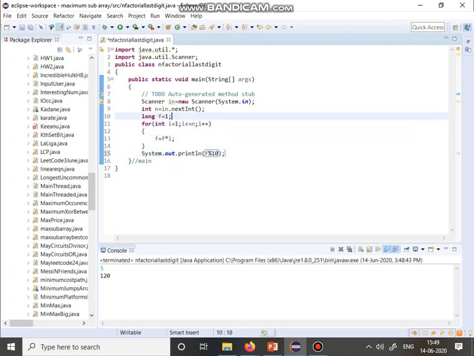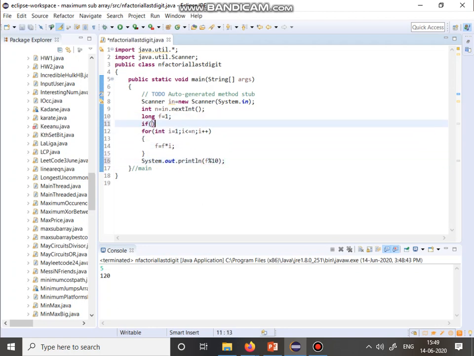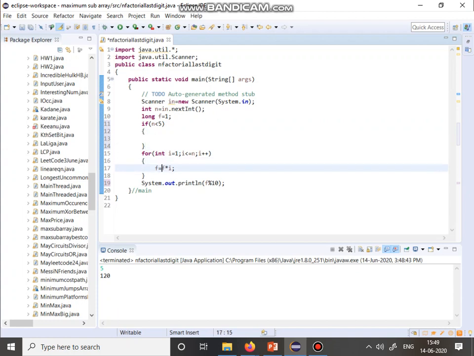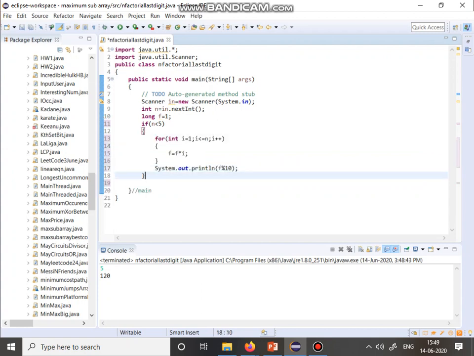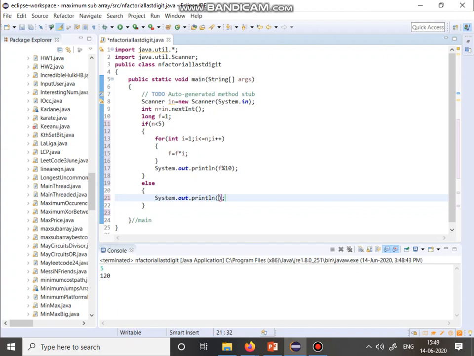So just a small modification and we are good to go with this. If the number is less than 5, we will get the factorial and then print the last digit, else, which means if the number is greater than 5, it would simply be 0 in all the cases.